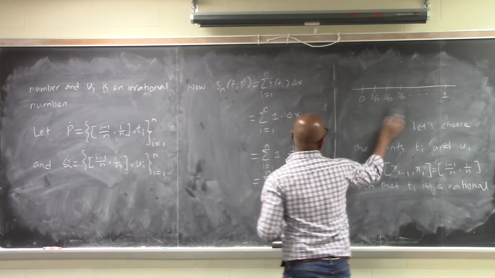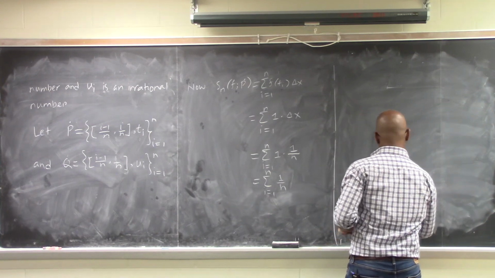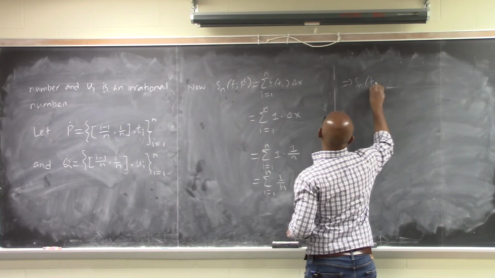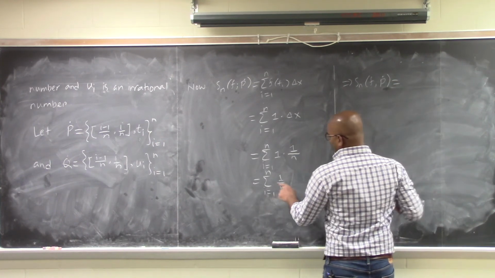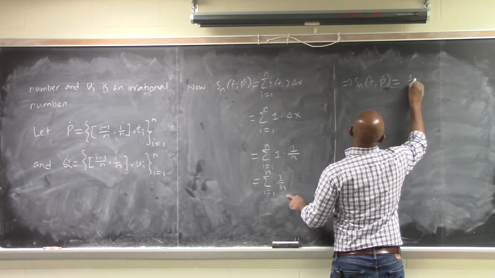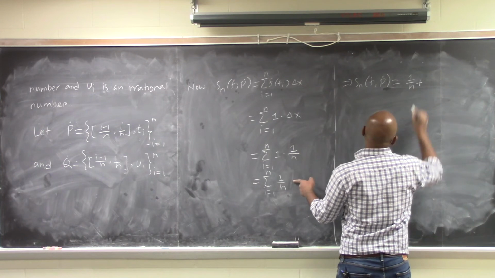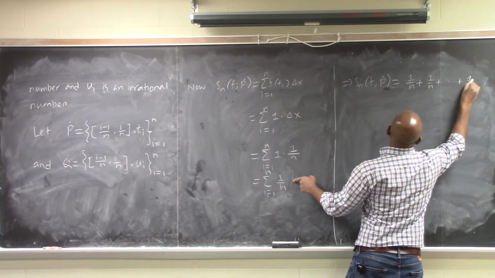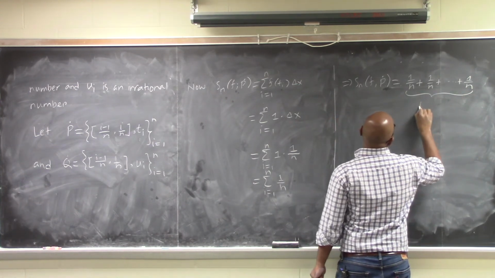This thing means: first we take 1 over n for i equal to 1. Notice there is no i, so we just have to do the same thing. And how many of them? n terms here.